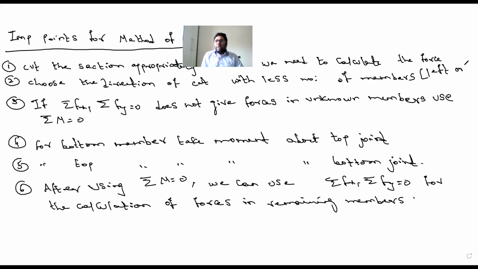Left or right. Okay. I hope you got it right. So left or right. Appropriately you need to take and then solve the problem. Okay. So that is how we have to analyze the method of sections.